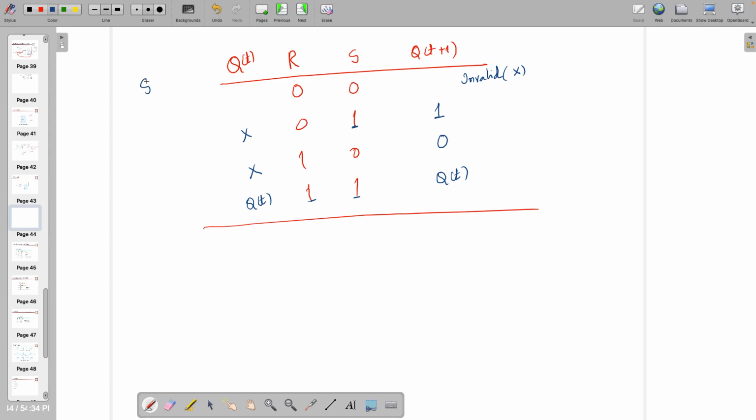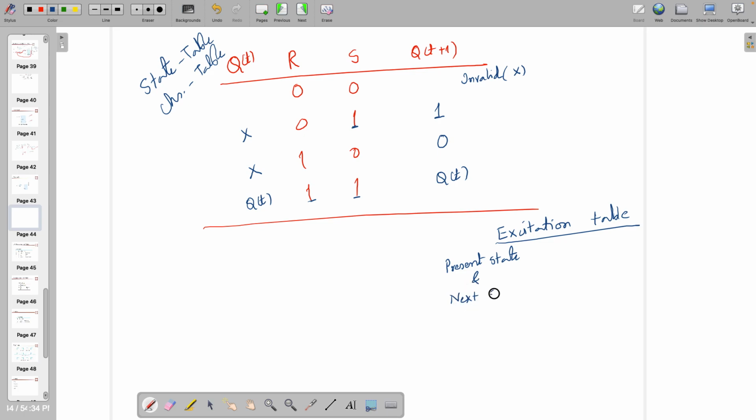Now this particular table is known as the state table or the characteristic table. I want to find out the excitation table which will be fed to the circuit diagram. So the excitation table is the one where the inputs are the present state and the next state. Based on this you need to find out the inputs.